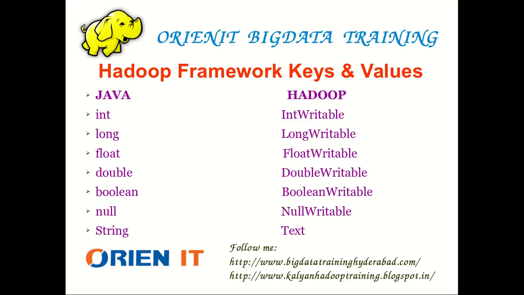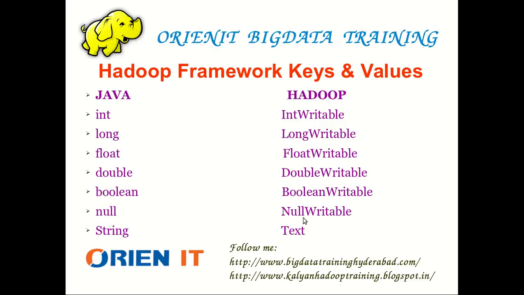Today I'm just going to tell you the basics that we have noted here. There are primitive data types in Java, and we have corresponding data types in Hadoop. With the help of these, we write the MapReduce program.